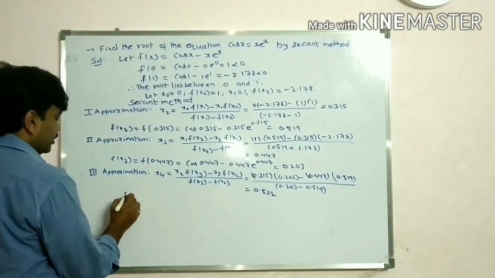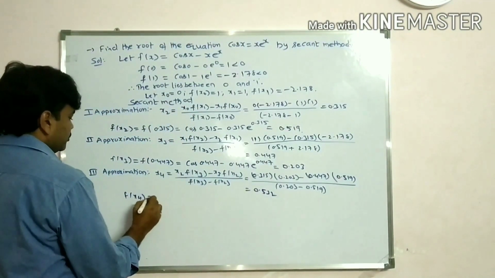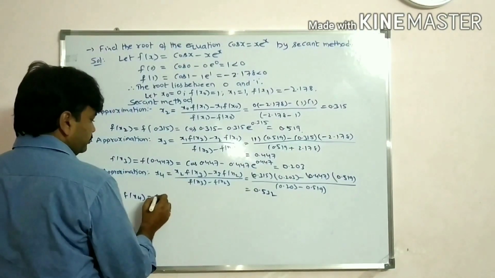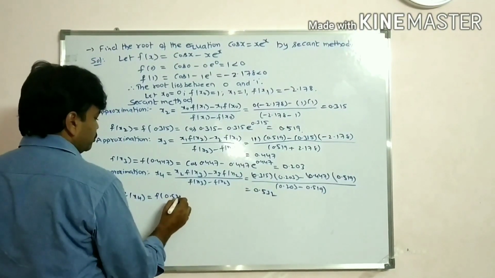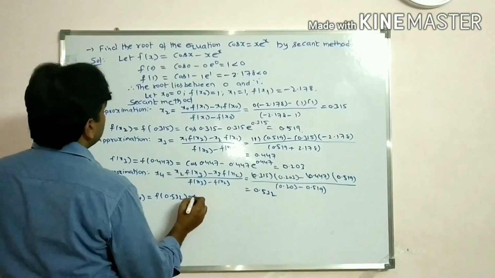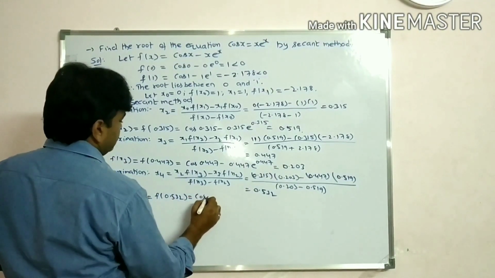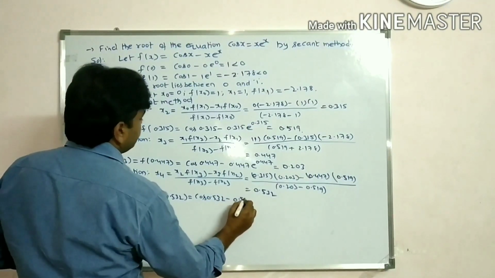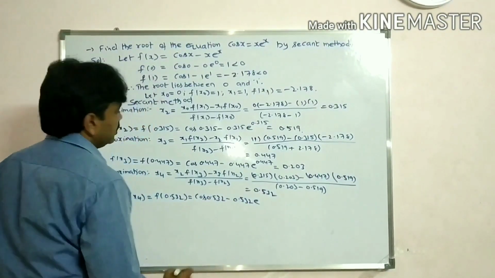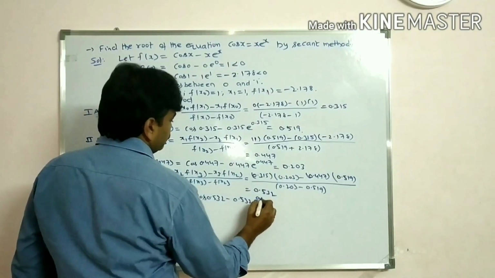Now you find f of x4 value, students. f of x4 is equal to f of 0.532. That is equal to cos 0.532 minus 0.532 into e power 0.532.